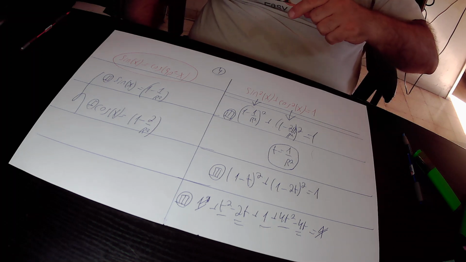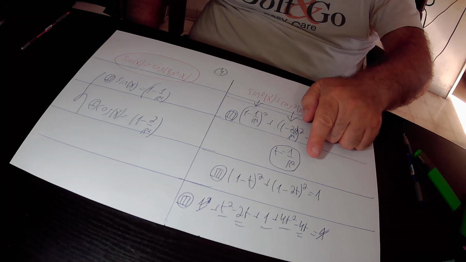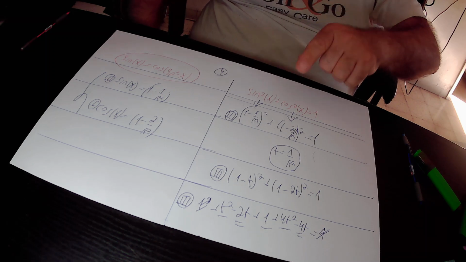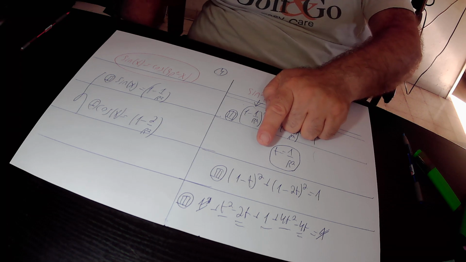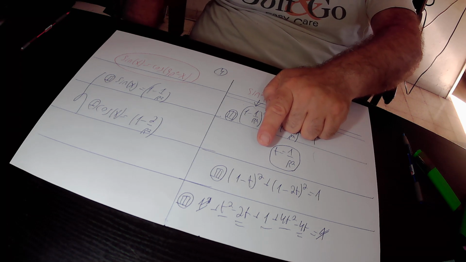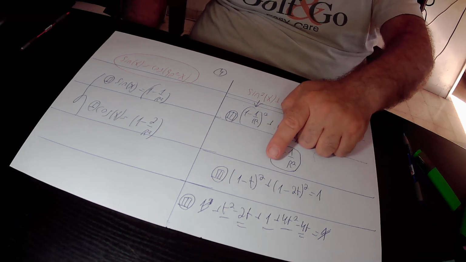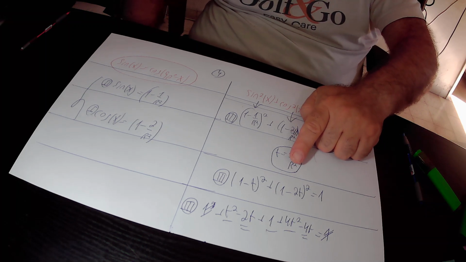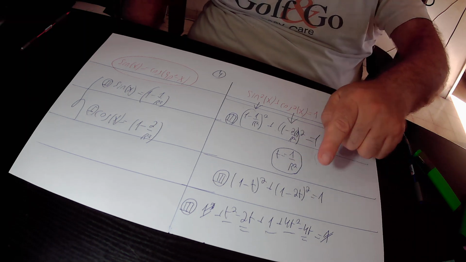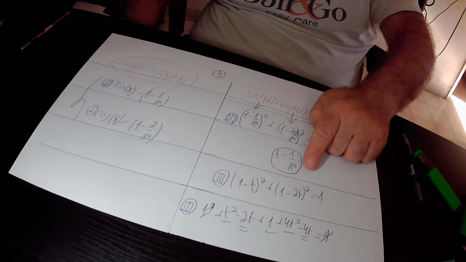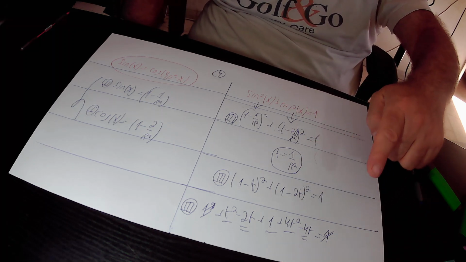So in conclusion, according to equation 3, we should find that (1 minus t) squared plus (1 minus 2t) squared equals 1. Here we open the brackets on this side of equation 3 and finally find that (1 minus t) squared equals 1 squared, that is 1, plus t squared minus 2 times t, and we have also here plus (1 minus 2t) squared. (1 minus 2t) squared equals 1 squared, that is 1, plus (2t) squared, that is 4t squared, minus 2 times 1 times 2t, that is minus 4t, and it equals 1.